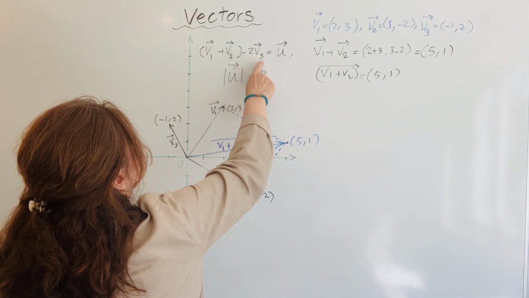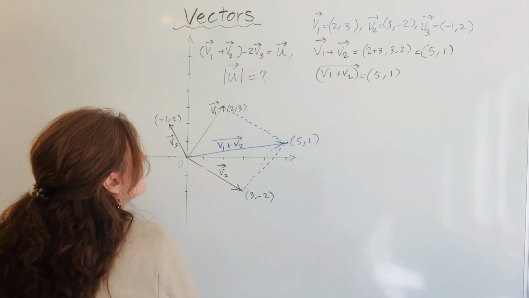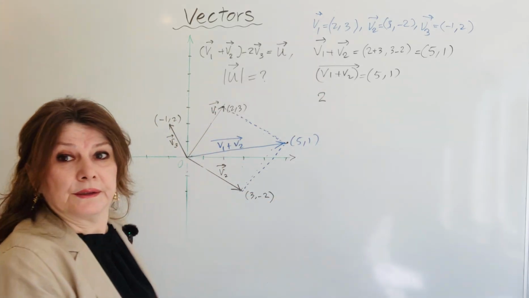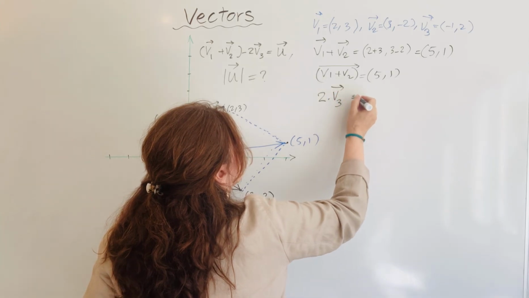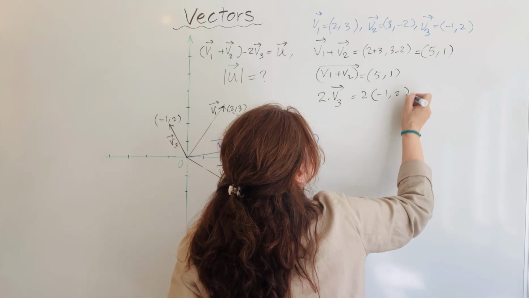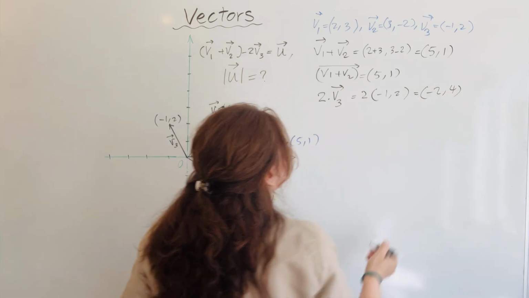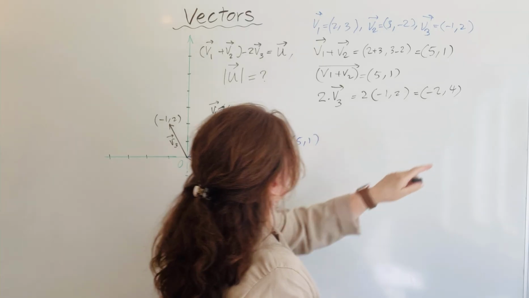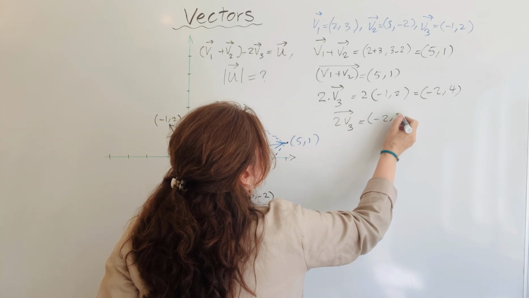Now negative 2 v3. What is v3? v3 is this one. 2 as a scalar times v3 is 2 times the coordinate of this one, negative 1, 2. 2 times negative 1 is negative 2, and 2 times 2 is 4. So 2 times v3 is negative 2, 4.